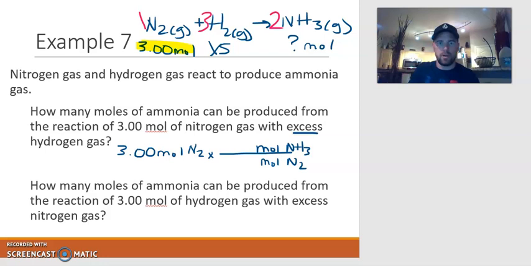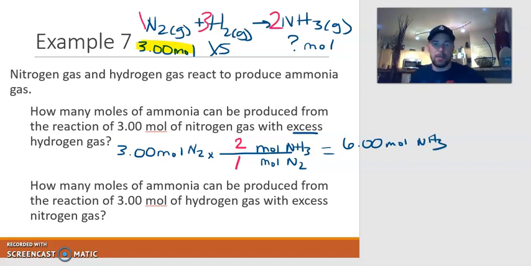So for every 1 mole of nitrogen that's reacted, 2 moles of ammonia will be produced. So I would write those numbers down here, 1 mole, 2 moles there. And so 3.00 times 2, that's going to be 6.00 moles of ammonia, NH3.